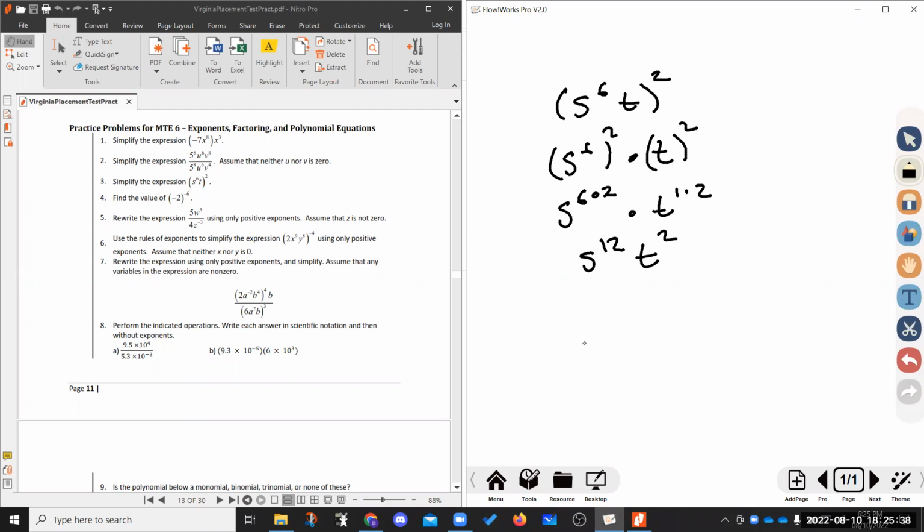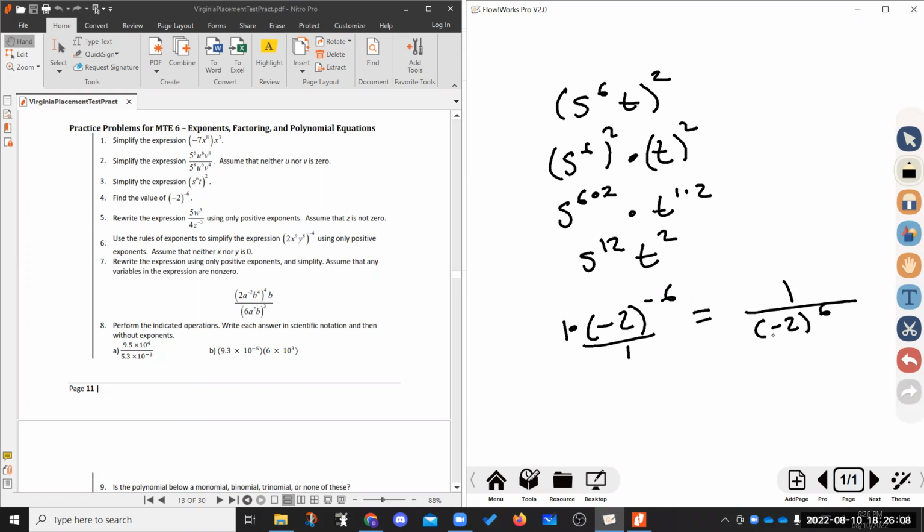Now, when we have negative exponents, like in problem number 4, that asks us to find what negative 2 raised to the negative 6 is, we're going to take the negative exponent across the fraction bar and make it positive. If I leave nothing on the other side of the fraction bar, there's got to be a 1 there because there was an invisible 1 times that stays there as a placeholder.